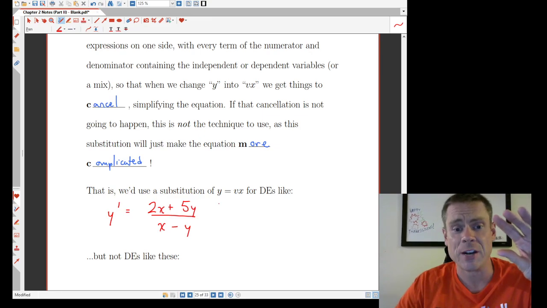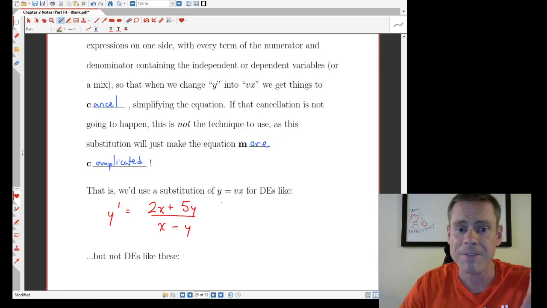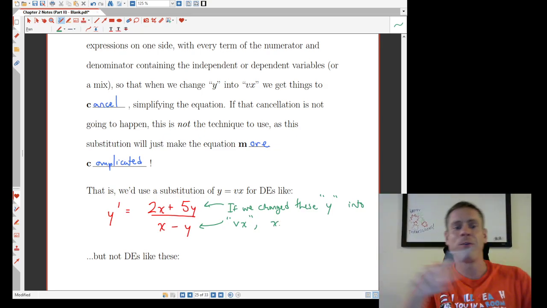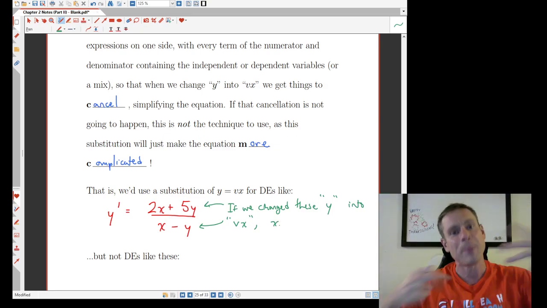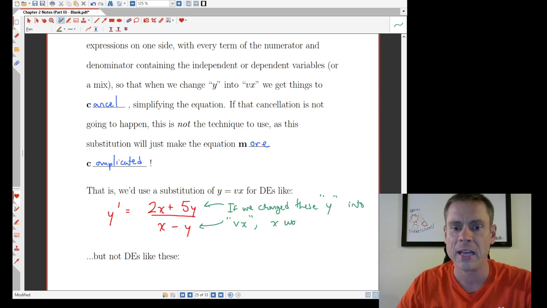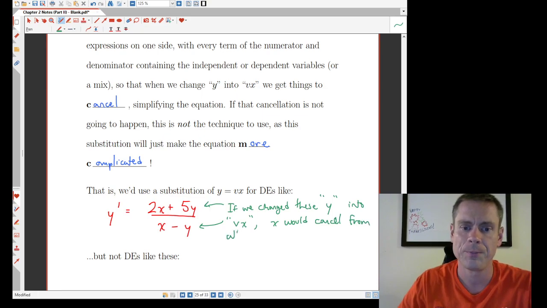This is a rational expression, and you see, if I were to change the y's here into vx, I guess, x would be common to all 4 of those different terms, and x would cancel, and it would make things simpler. So x would cancel. Whoops, not up there, down here. x would cancel from all terms, and the DE would simplify.